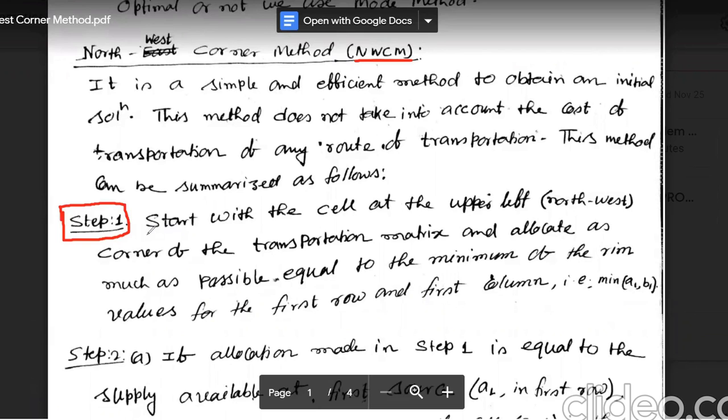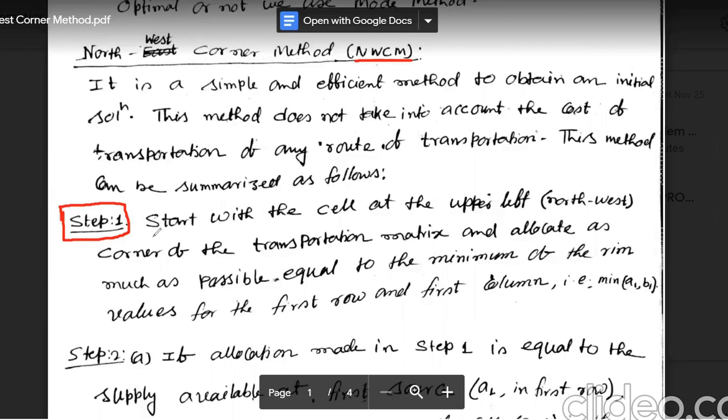Whatever I have written in the transportation table, the abbreviations, what is X11, what is X12, that means Xij, what is Cij, what is Si, what is Dj, what is small ai and what is small bj, I have already mentioned. You can see it in the last video, which has the details about the transportation table.